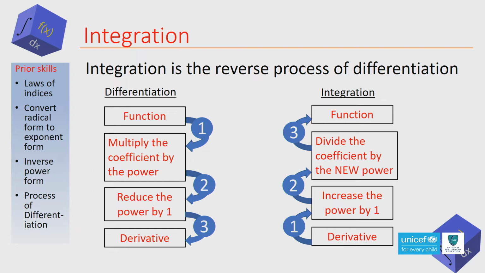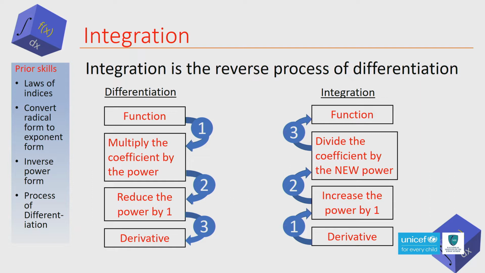Okay? And then here we multiply the coefficient by the power, but there we divide the coefficient by the new power. Why are we saying new power? It is because the old power, if it is 3, if you add 1, it becomes 4. So, the new power will be 4. So, divide, here multiply, there divide. Coefficient by the power, coefficient by the new power.